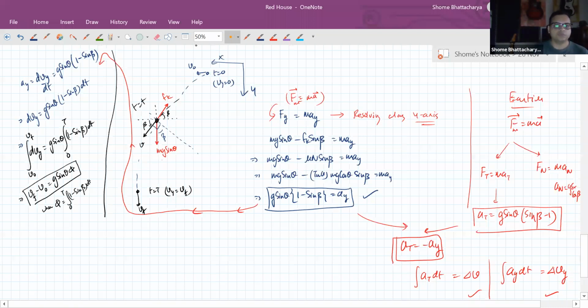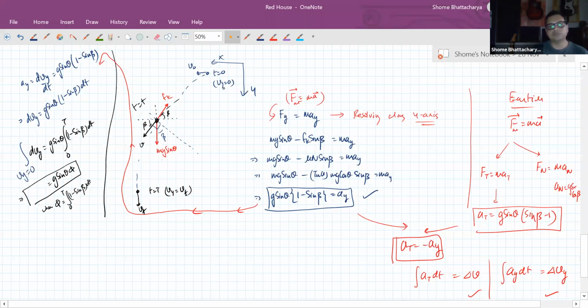Oh, just a moment. There's one mistake here. This should not be v naught. This should be 0, because the y component of velocity is starting from a value of 0. We are integrating the variable vy over here. What was the initial value of Vy at t equal to 0?